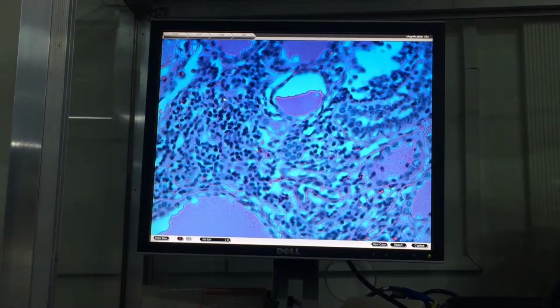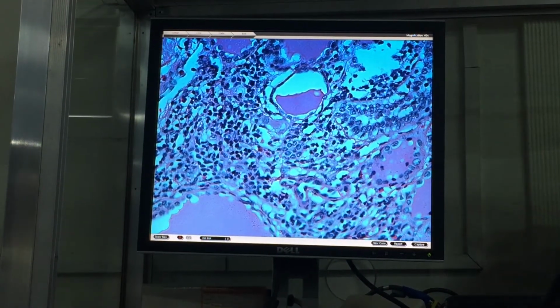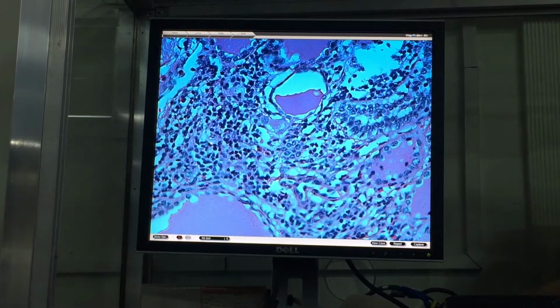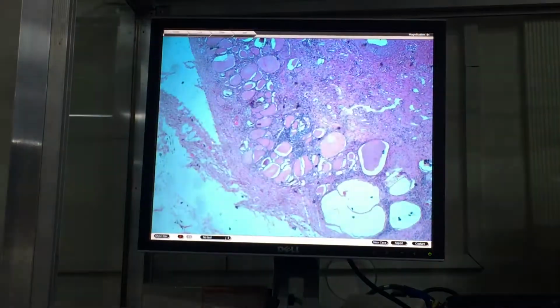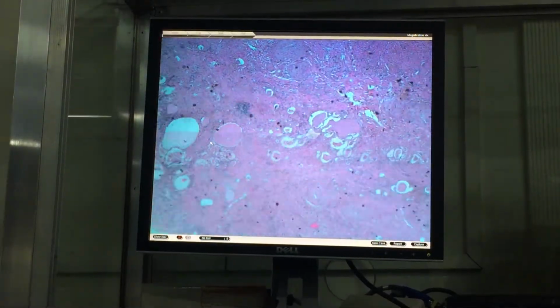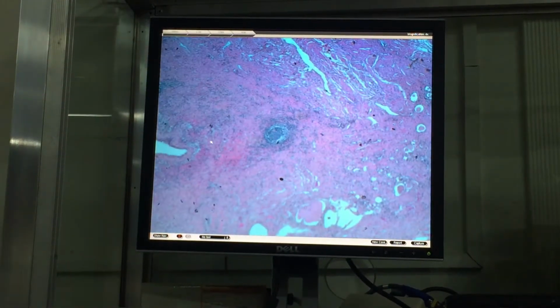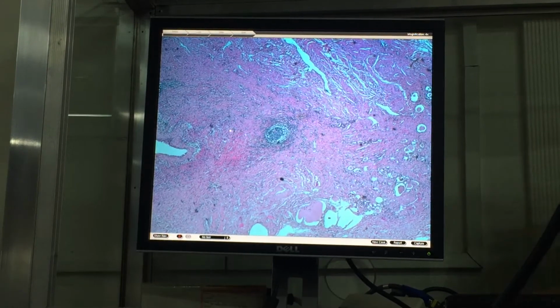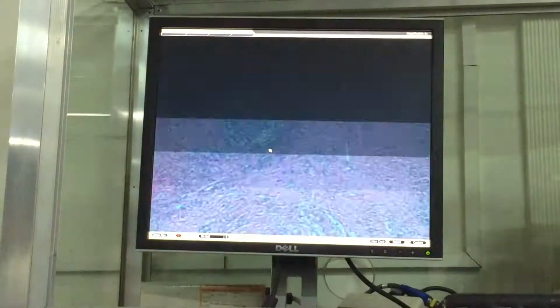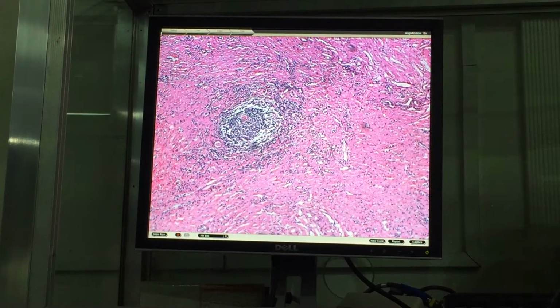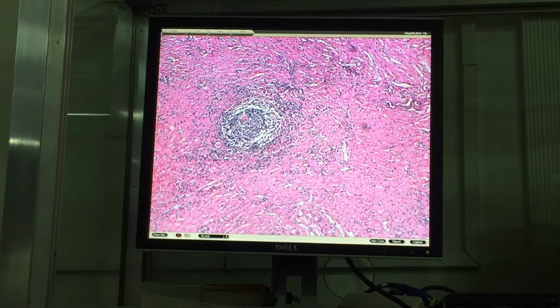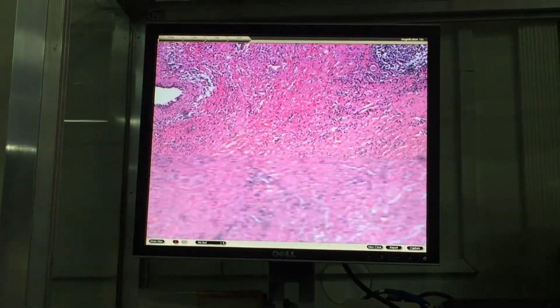So those are lymphocytes, okay, aggregates of lymphocytes, and in many areas, these lymphocytes form nodules, okay, like here, okay. See, these are nodules. Lymphocytic nodules, inflammatory nodules, seen in your chronic pyelonephritis.